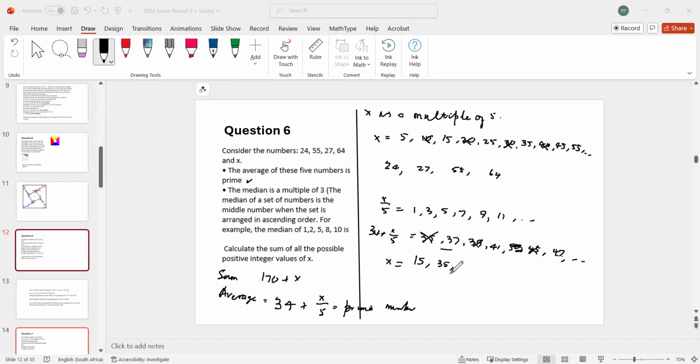This is a prime number. x can be 45, because 45 over 5 is 9, and that gives 43.